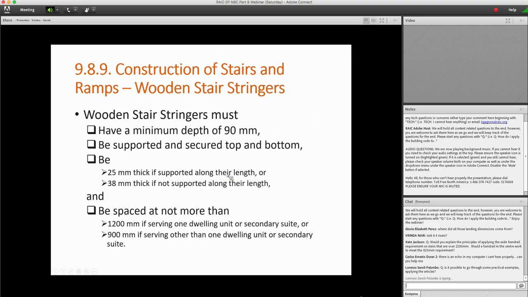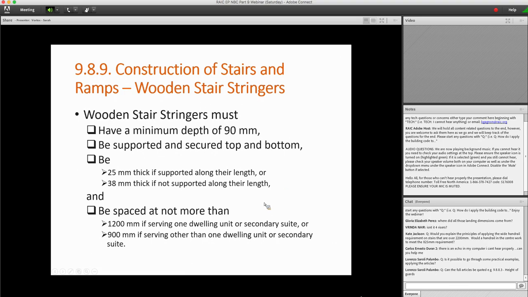Where wooden stair stringers are used, they must have a minimum depth of 90 millimeters. They must be secured and supported top and bottom. They must be at least 25 millimeters thick if supported along their length, or at least 38 millimeters thick if they are not supported along their length. Spacing for stringers must be not more than 1200 millimeters where serving one dwelling unit or a secondary unit, and not more than 900 millimeters in other locations.